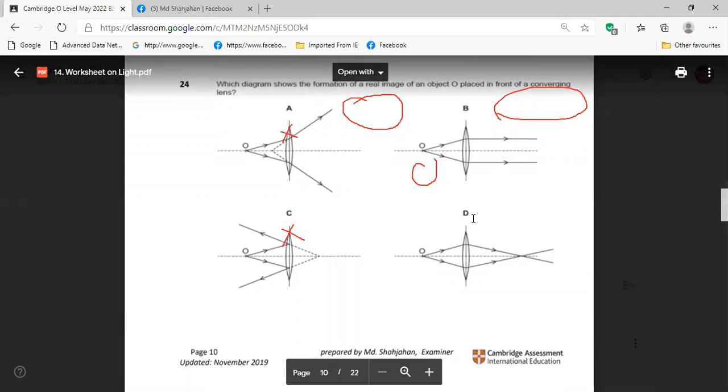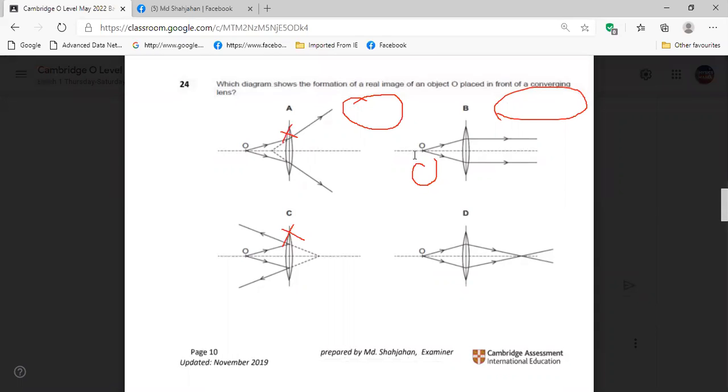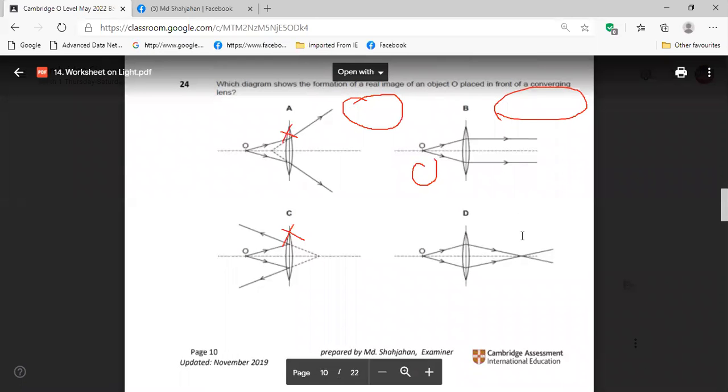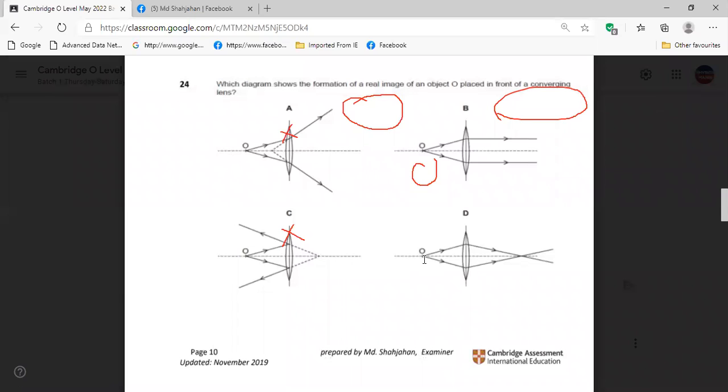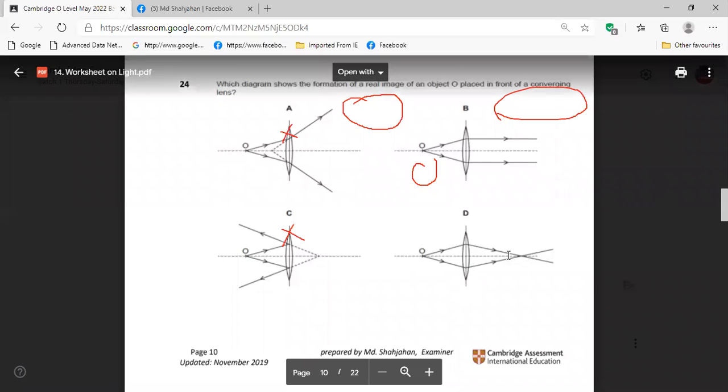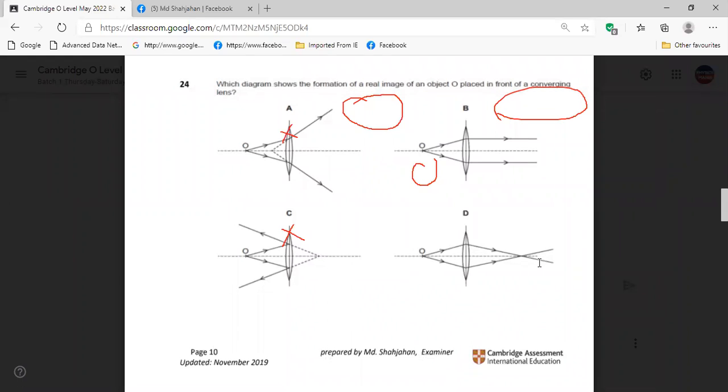Because we are having a real image here, in front of the converging lens, and you see the rays are converging here. If it is real, that means the image will be inverted.